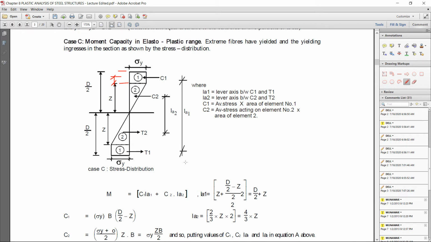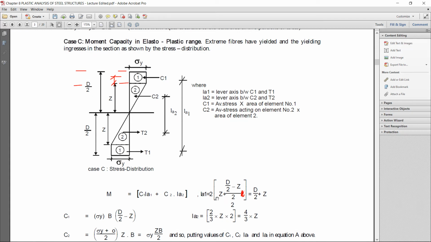For getting this depth here, LA1 is z plus d by 2 minus z. You can see d by 2 minus z, this length you will get, then divided by 2 you will get this small portion here, d by 2 minus z divided by 2, then this is the whole multiplied.